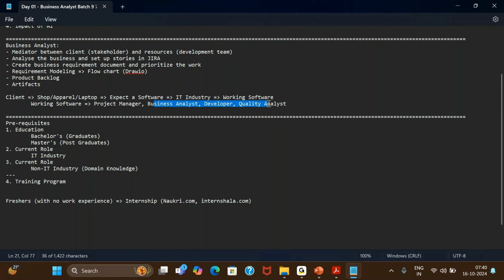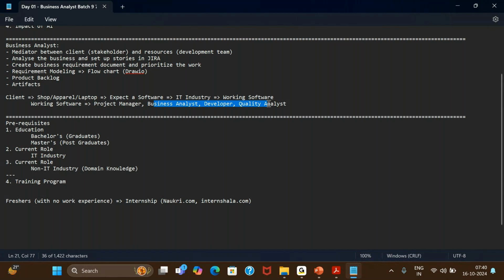A BA is not responsible for writing down the code. If you are inclined, if you are interested in writing code, that is up to you, but a BA is not supposed to write code.